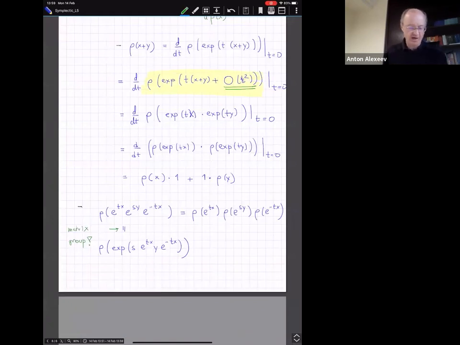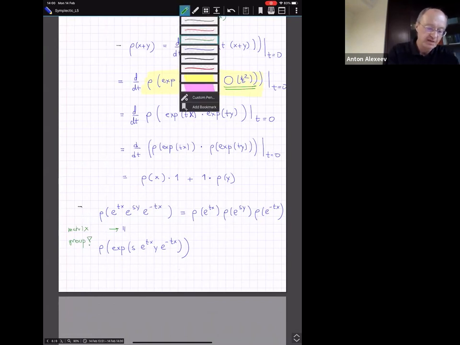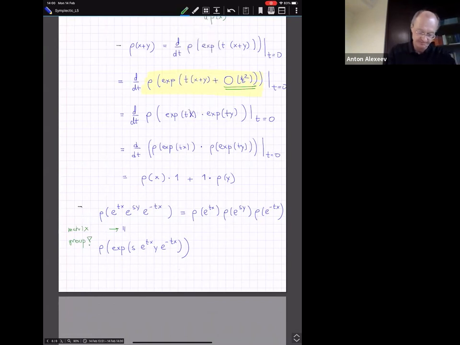Right, so I consider this two-parameter family, and all three expressions are clearly equal to each other. Now I'm doing the following: d over ds at s equals 0 on all the sides. More concretely, on these two expressions; I'm not interested in the expression in the middle.